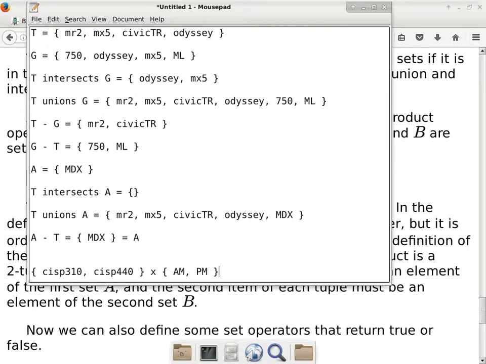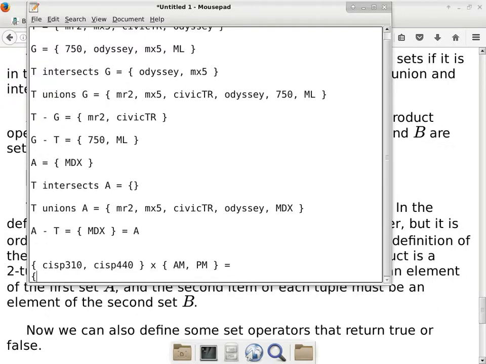Okay, so AM versus PM. Now how many elements do you expect in the Cartesian product? That's the first thing I want you to think about. I have two things on one side, two things on the other side, and this is a cross product. So how many elements am I expecting in the Cartesian product?